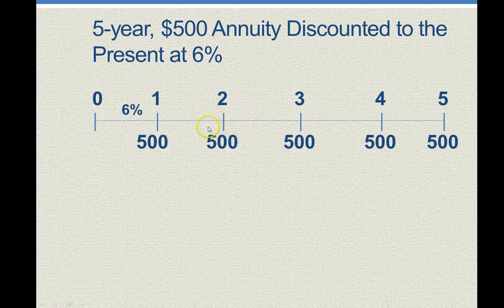So say it again. Suppose the annuity starts from year 2, and still it's a 5-year annuity, so 5 payments. So the present value is actually at year 1.